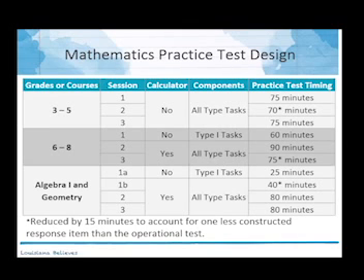For those sessions, which are session 2 in grades 3 to 5, session 3 in grades 6 to 8, and session 1B in the high school tests, we would say reduce it by 15 minutes. So the actual time allotted for high school 1B is 55 minutes. We're saying if you want to time students, you should give them 40 minutes so that it's more accurate.